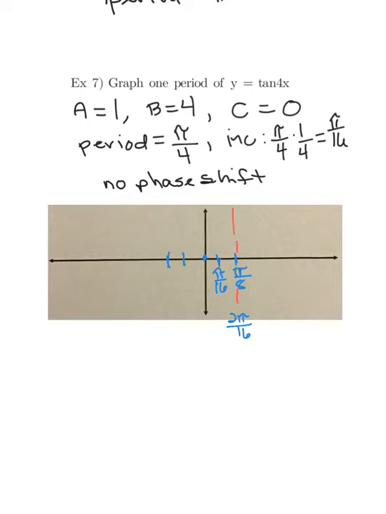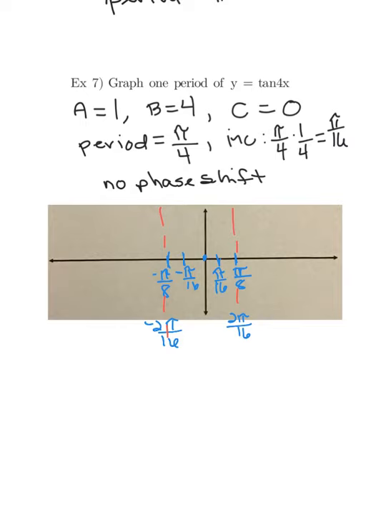Going to the left of our 0 value, 0 minus pi over 16 is going to put us at negative pi over 16. Negative pi over 16 minus pi over 16 gives us a negative pi over 8, or negative 2 pi over 16, whichever you prefer. The second mark over is always the asymptote.